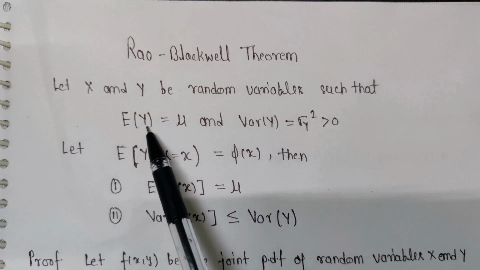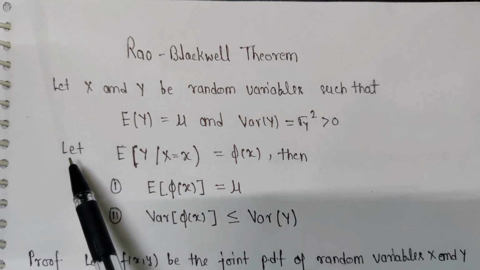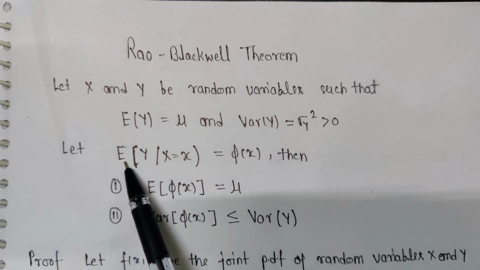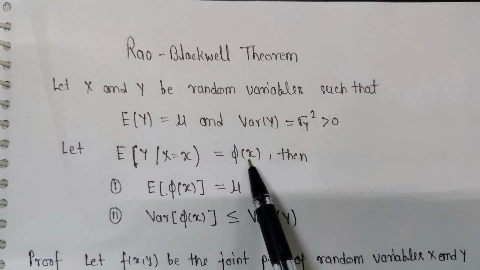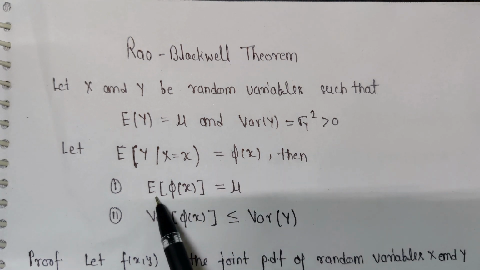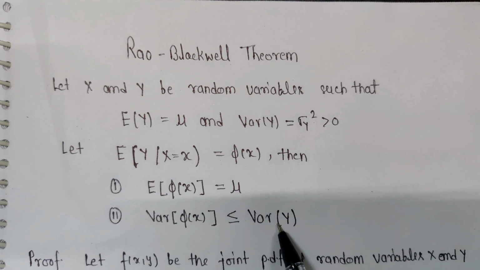That means Y is an unbiased estimator for mu. And let the expected value of Y given X be equal to phi(X). Then we have the expected value of phi(X) is equal to mu and the variance of phi(X) is less than or equal to the variance of Y. So this is the statement part, and now come to the proof part.